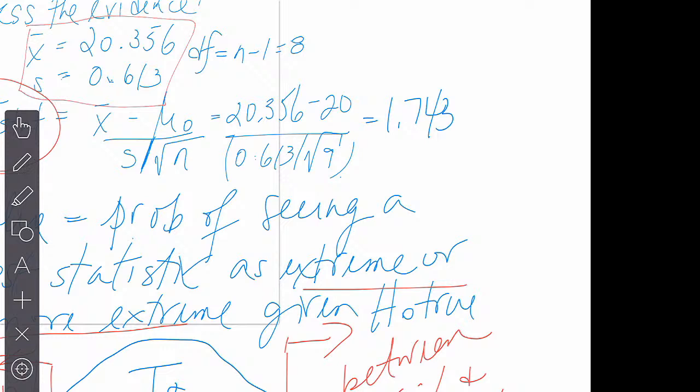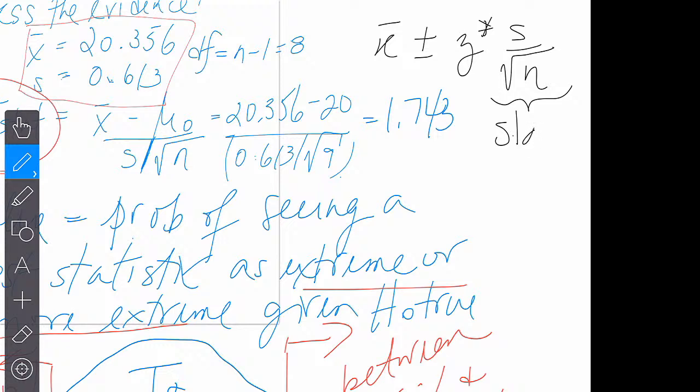The confidence interval looks like this. This is the standard deviation, or we call it the standard error. This is the standard error for x bar, and this is x bar.